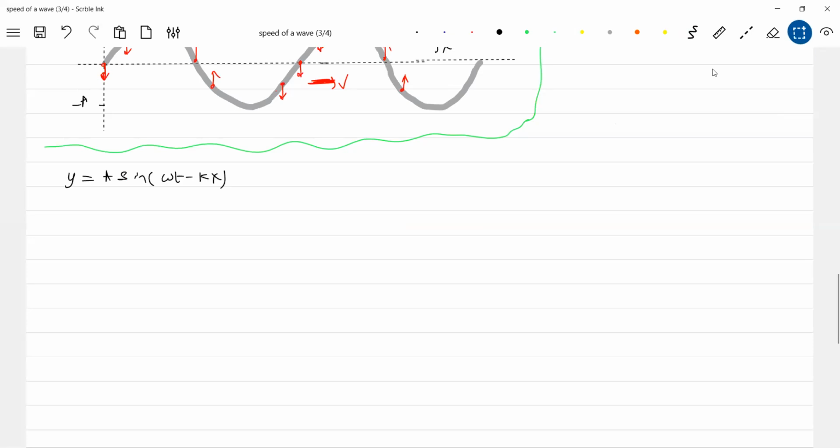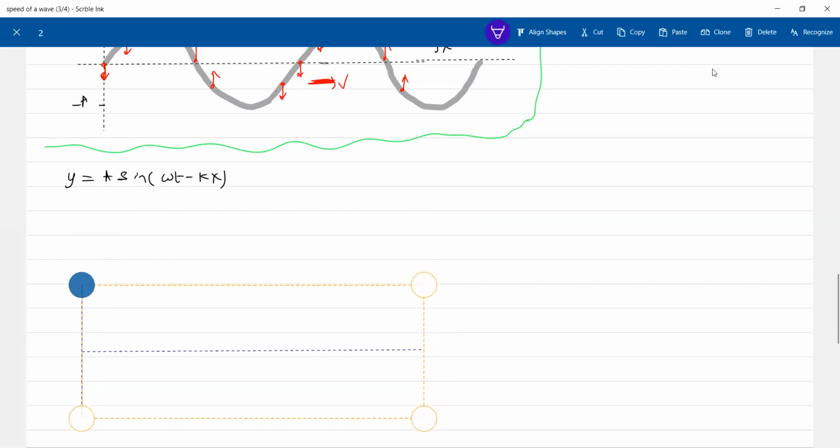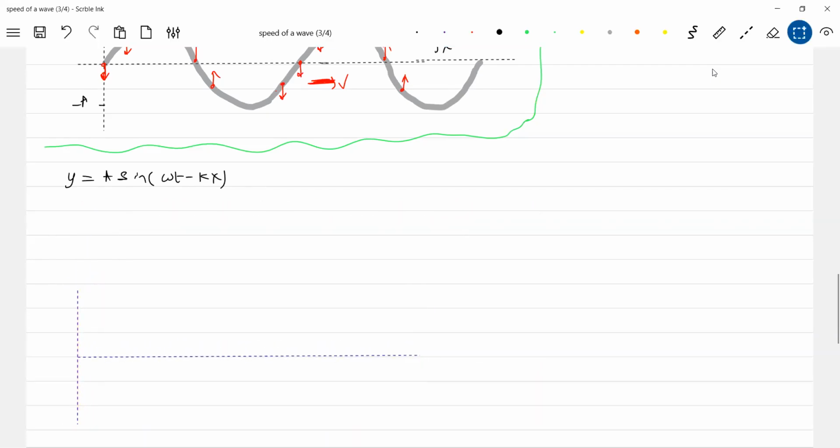Y equal to a sine. Okay, first we'll start with the mathematics, and then I'll come to the plotting of the curve. At t equal to 0, or first we'll find out the speed also. This will be a omega cos omega t minus kx.